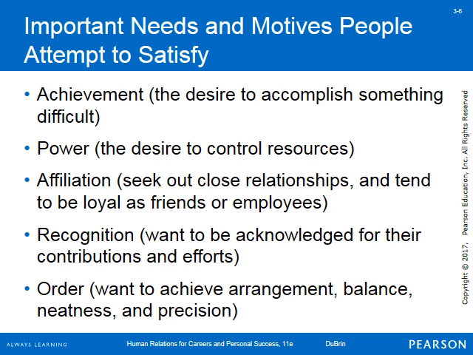Affiliation, a person that has a need for affiliation seeks out close relationships. They tend to be very loyal as friends or employees. They like to be around people, and they like close relationships with people. This is their motive. This is what motivates them to do certain things.